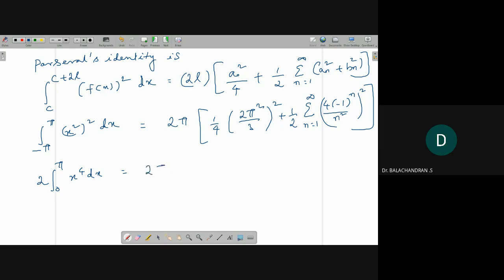To simplify, 2 square 4 gets cancelled: pi power 4 by 9 plus 4 square 16 by 2 is 8, 8 summation n equal to 1 to infinity, minus 1 whole power 2n is 1, by n square whole square is n power 4.